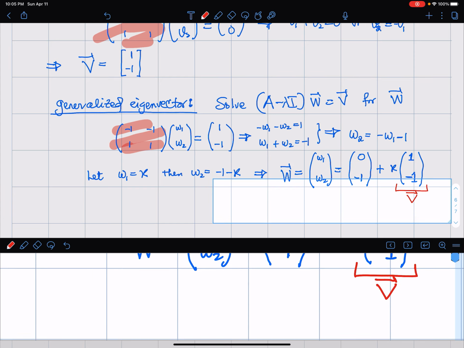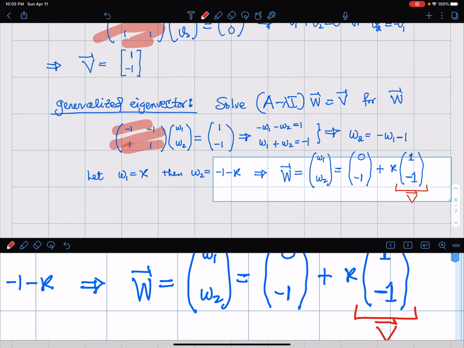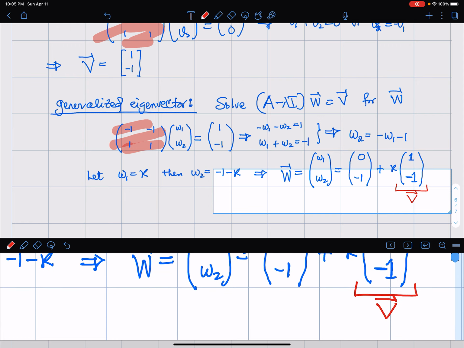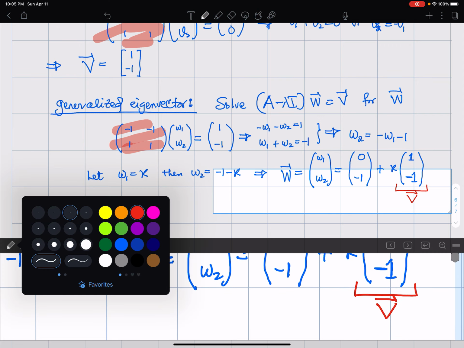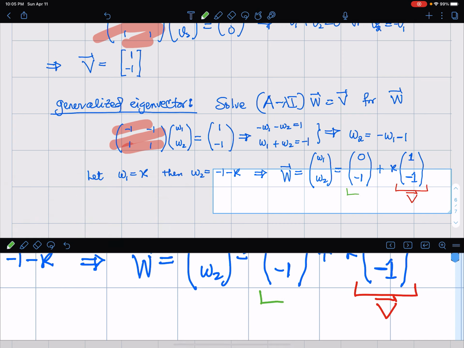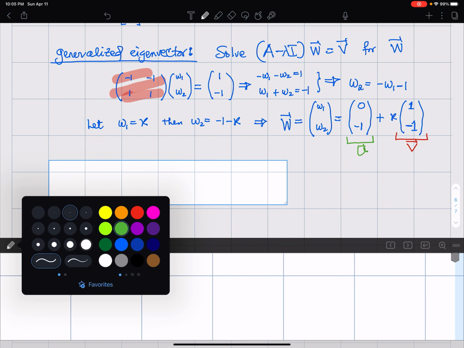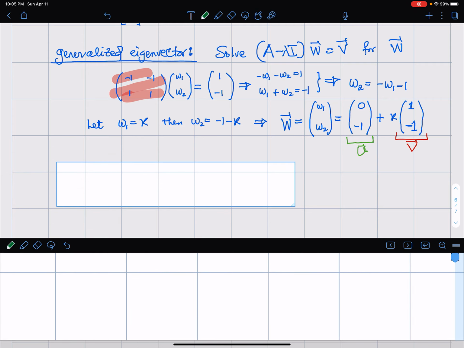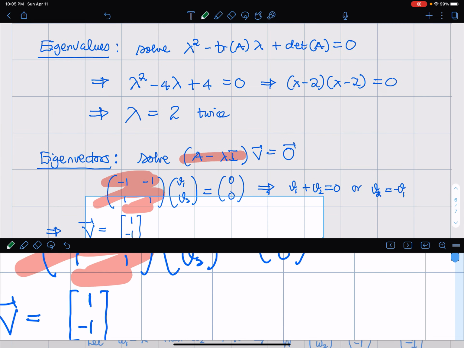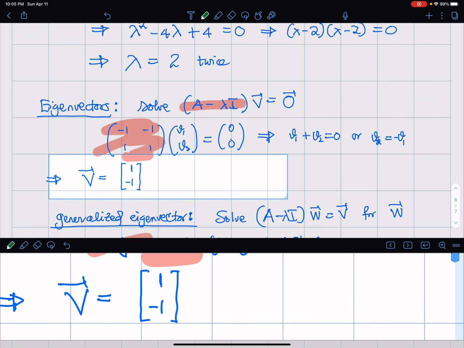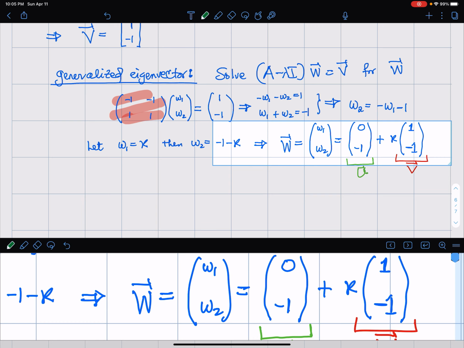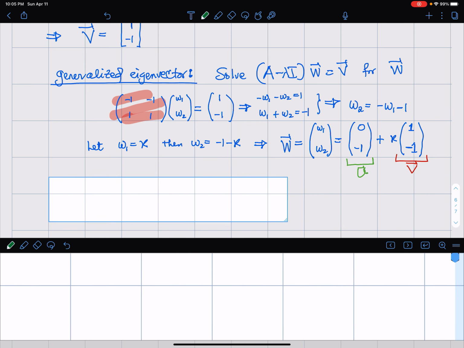So if you do it well, you always end up with your V. All right? So this is what you're going to take away from here. Let's call this U and call this V. So our general solution in this case, we have one eigenvalue and we found one eigenvector and an associated generalized eigenvector.